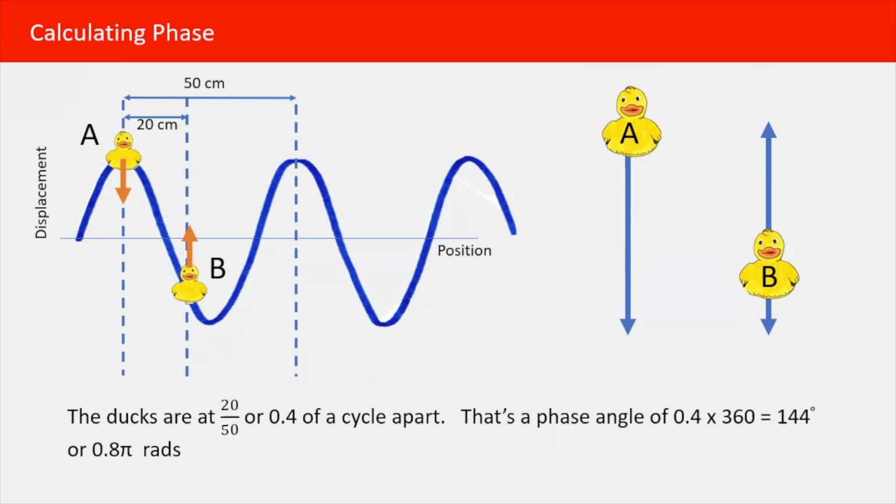The phase angle will therefore be 0.4 times 360 equals 144 degrees, or 0.4 times 2 pi equals 0.8 pi radians. We say wave A leads wave B by 144 degrees or 0.8 pi radians. Modelling this with your hand is much more difficult, but it's still fun to watch your students having a go.